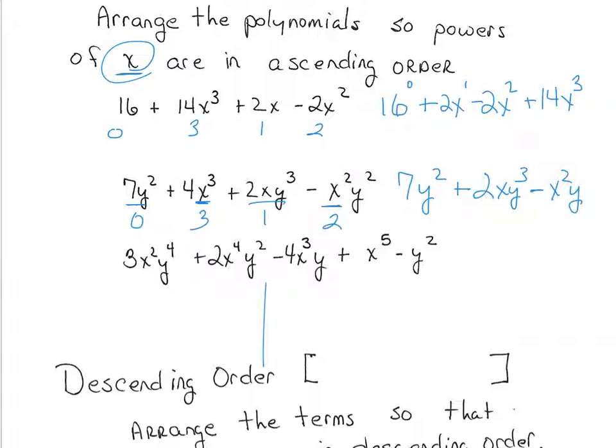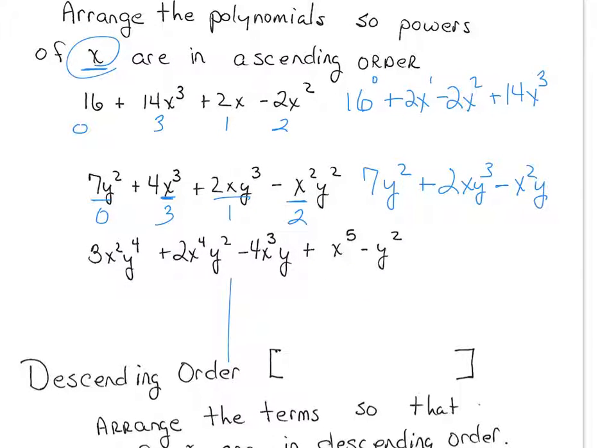And finally, plus 4x cubed. Okay, you do the last one. What's it going to be? It's 2, 4, 3, 5, and 0.